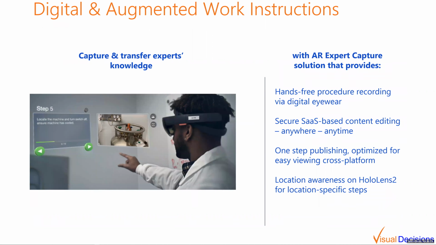And so you have this capability of digital and augmented work instructions, either hands-free with the glasses, or again, just using the phone with the camera on the machine, as well as having the instructions on the phone. There are so many different capabilities with this, and it can help tremendously in reducing response time and repair time.